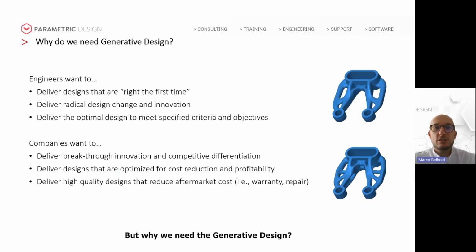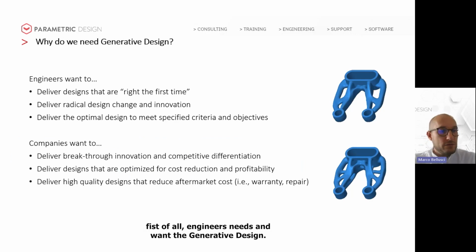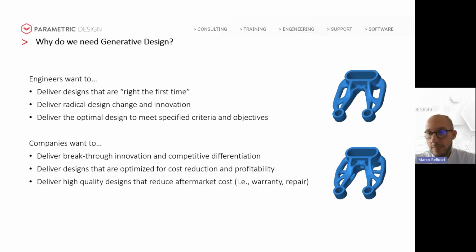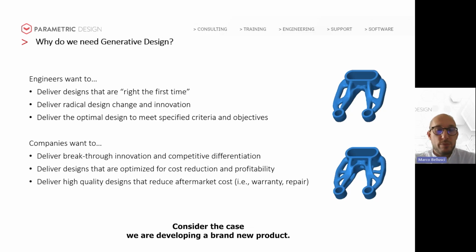But why do we need generative design? First of all, engineers need and want generative design. Why? Because they want to deliver design that is right the first time. Consider the case we are developing a brand new product. We are in the dark.